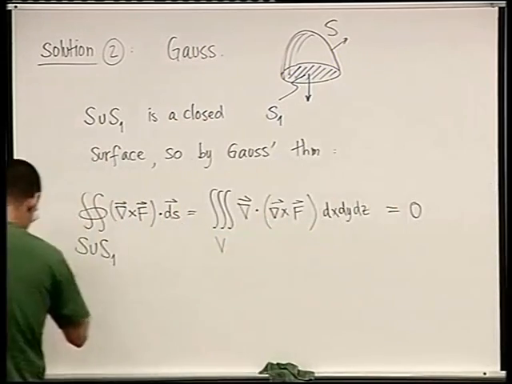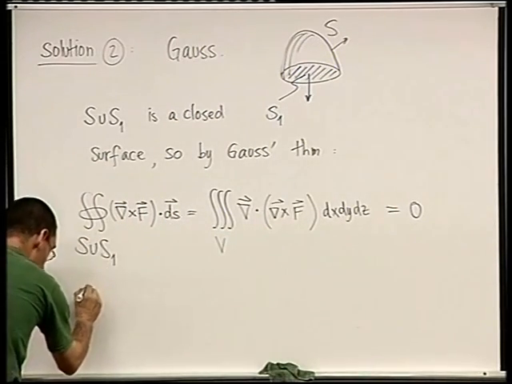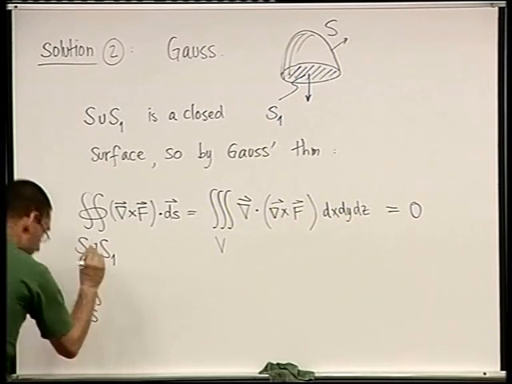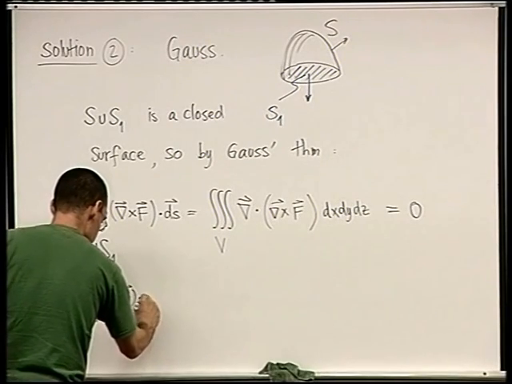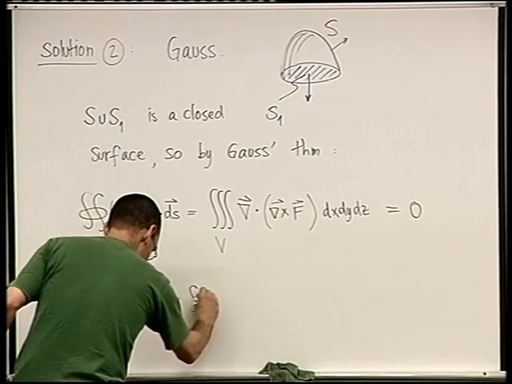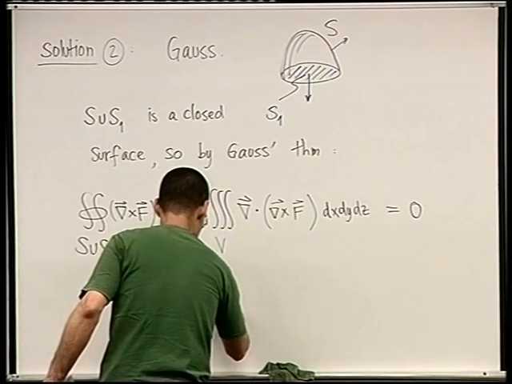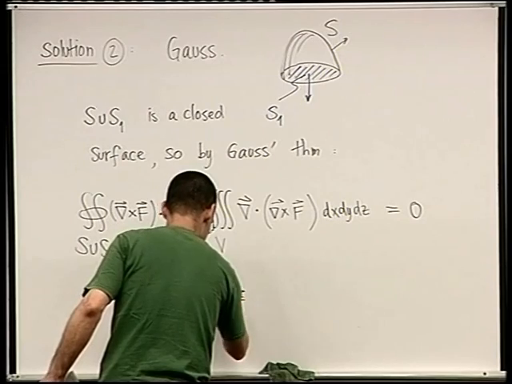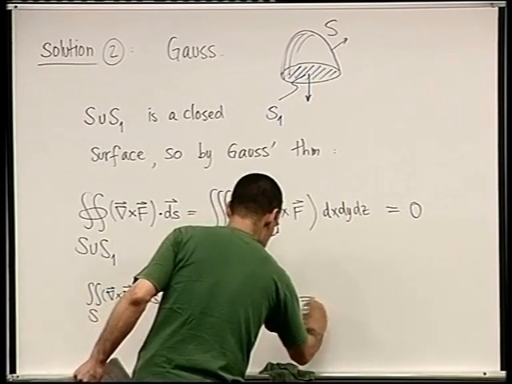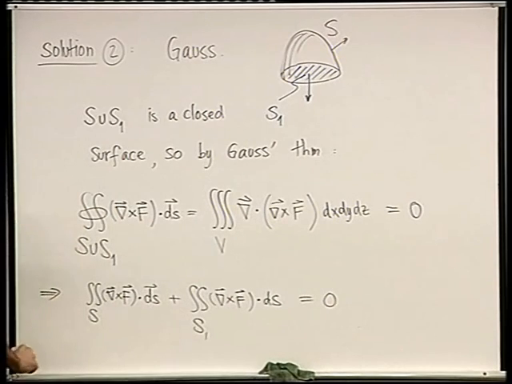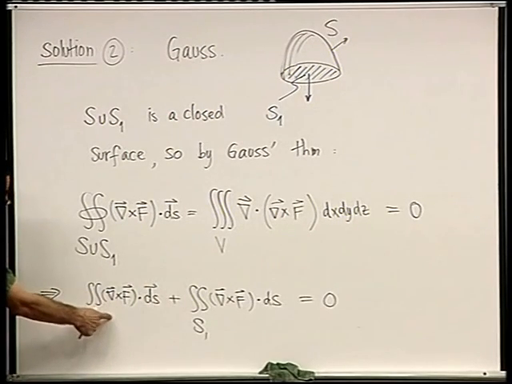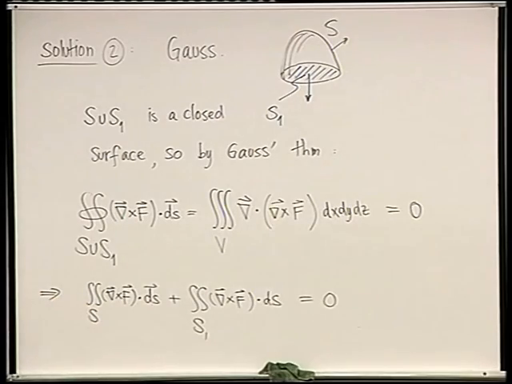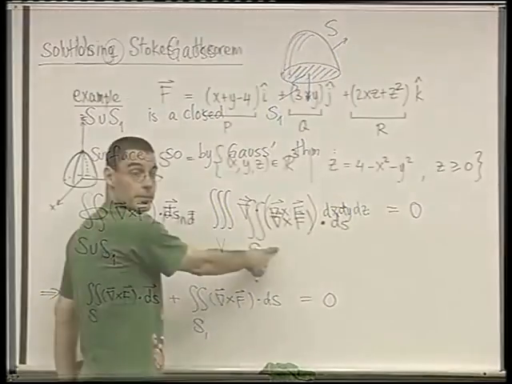Now, this thing, on the other hand, equals the surface integral over S of the field, in this case, the rotor of F, plus the surface integral over S1 of the rotor of F. And we just found that their sum is 0. Do you agree? So the upshot is, we wanted to calculate this. This is the problem, the original problem. Look back here a second. This is the original problem, right?